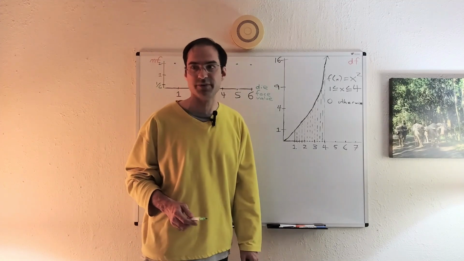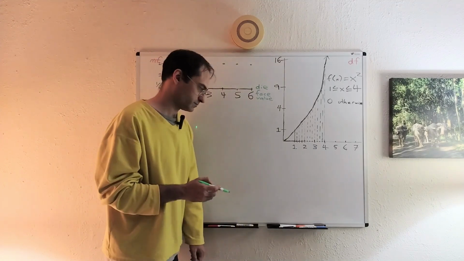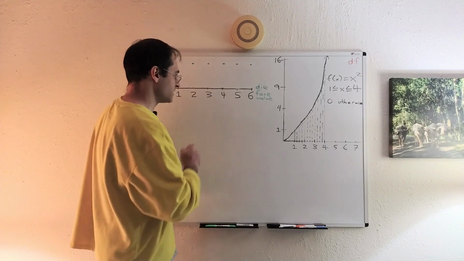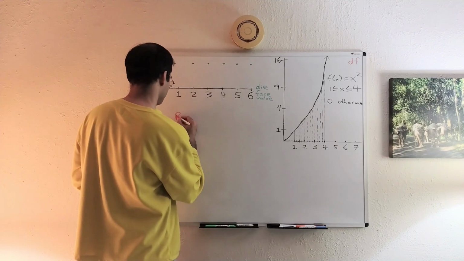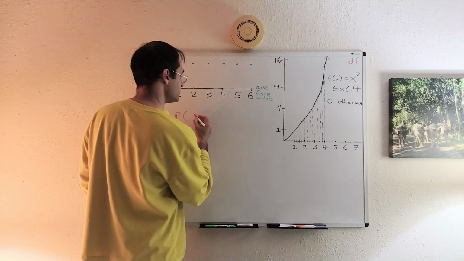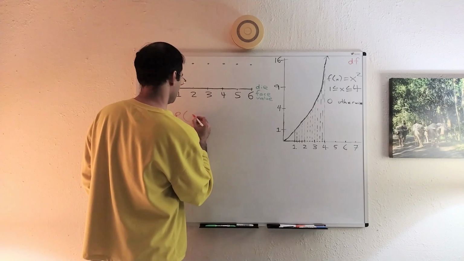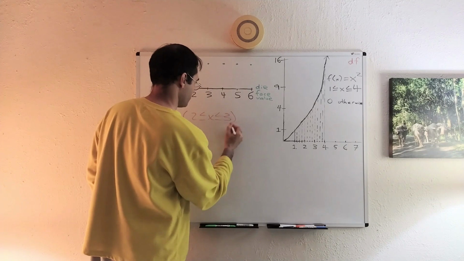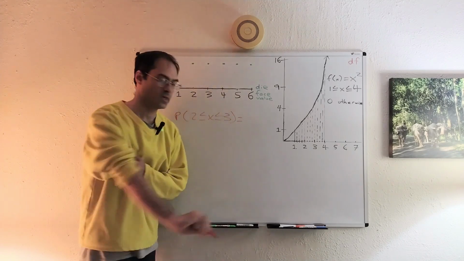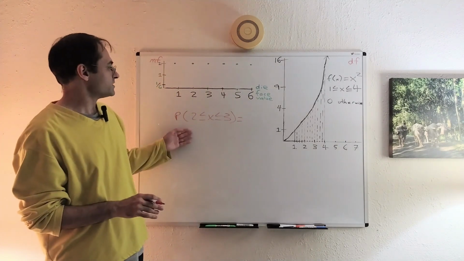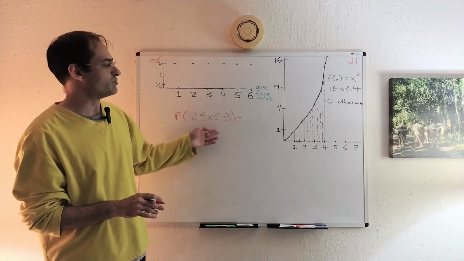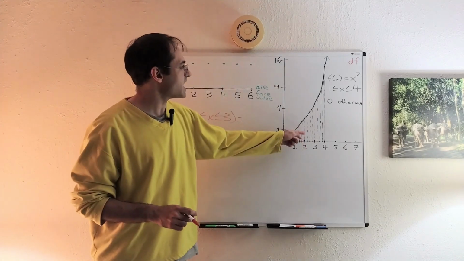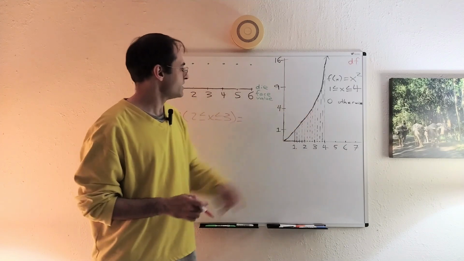So if we want the probability of getting some value between 2 and 3, what we have to do is add up all these f of x's here in the red.